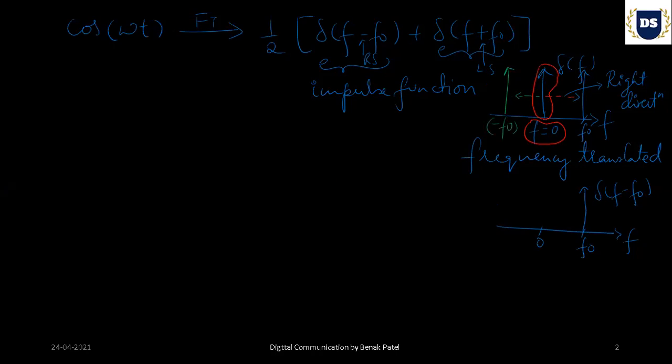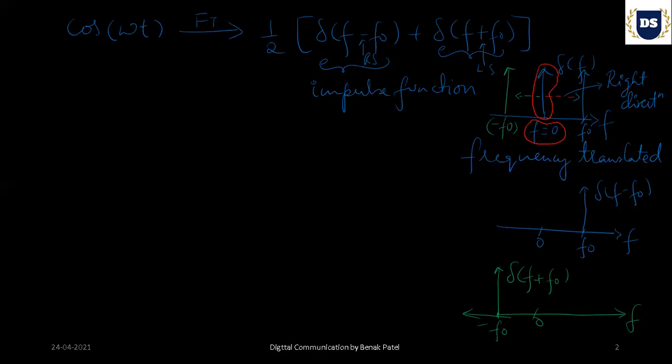So that's the second term. If I were to plot it, I'll get it again with zero frequency, and this is some negative frequency, minus f naught. So this is the impulse function centered around negative f naught.